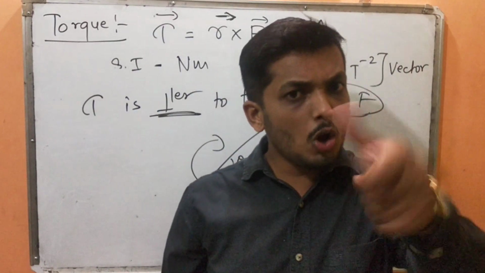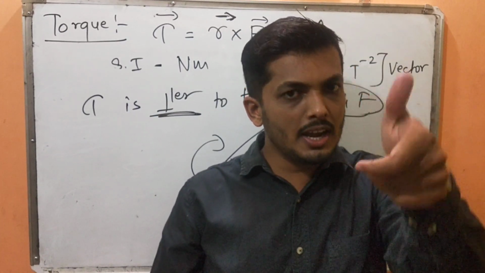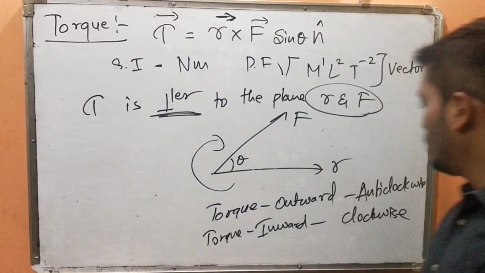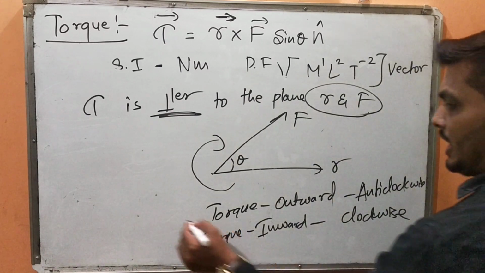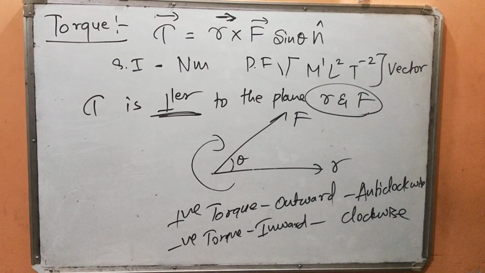When you rotate R towards F anti-clockwise, the screw will come out. When you do F towards R, it is going inwards. So conventionally we take the anti-clockwise direction as positive and the clockwise direction as negative. In the textbook, it is given as a conventional direction.